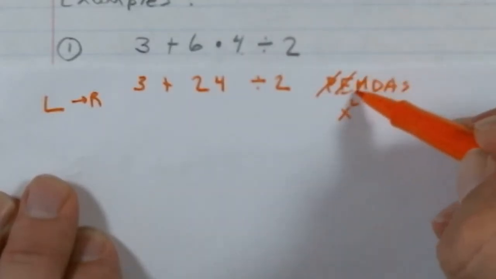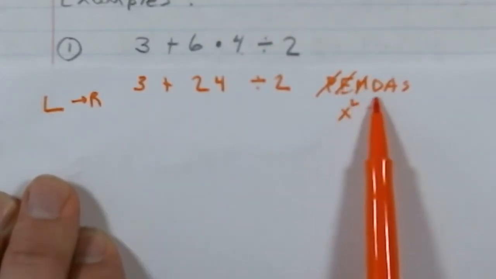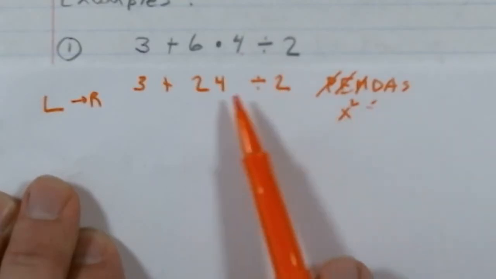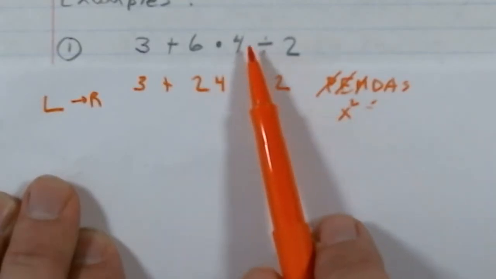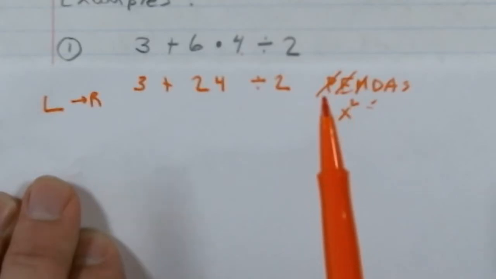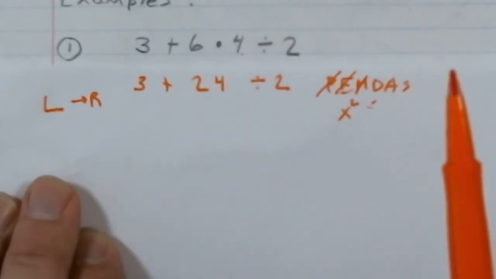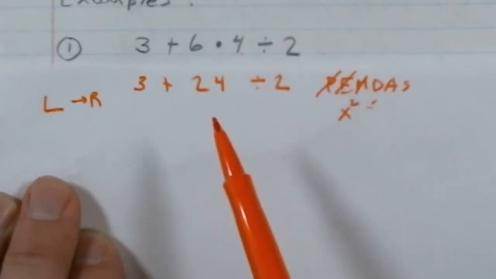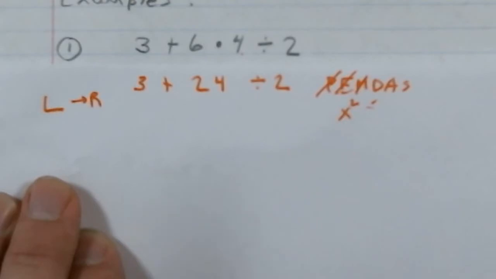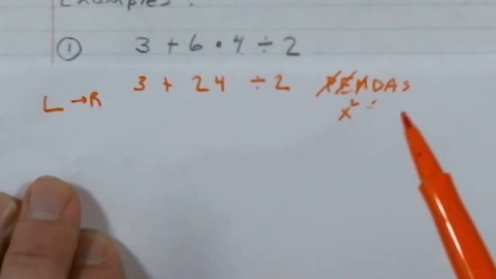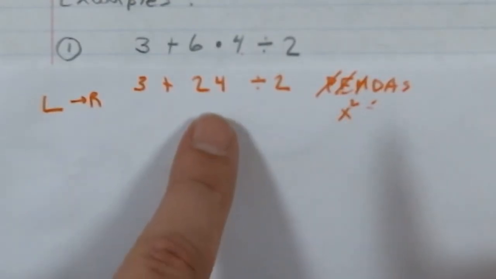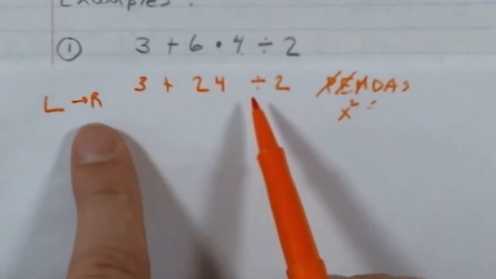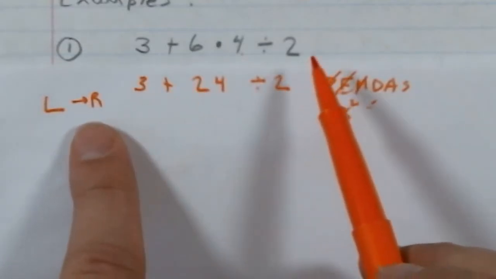So multiplication's gone. What about the D for division? I see division. That's why I bring everything down, to make it so clear that you're not leaving anything out. You can go too fast on this and get lazy and skip things, and then you'll wonder where it went. So be very careful. Write things down. Don't be lazy. Take initiative.